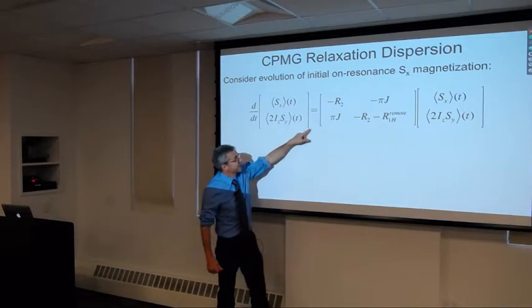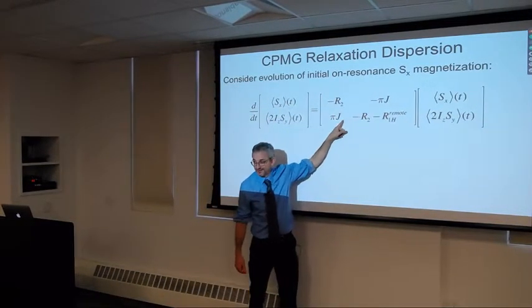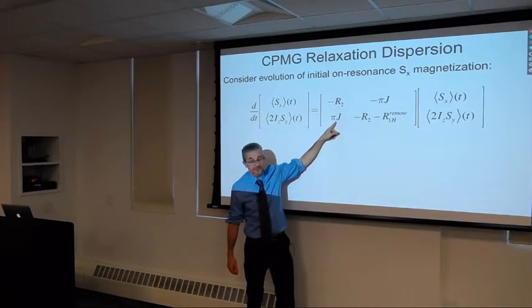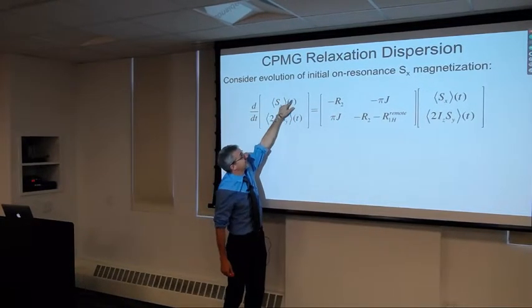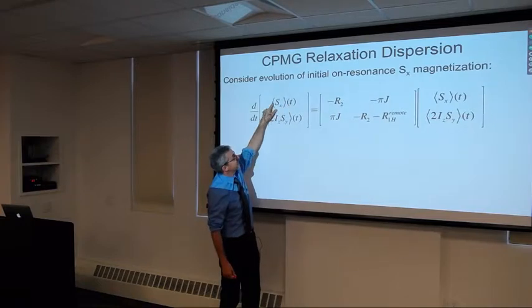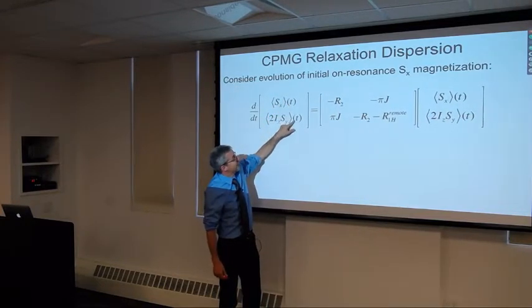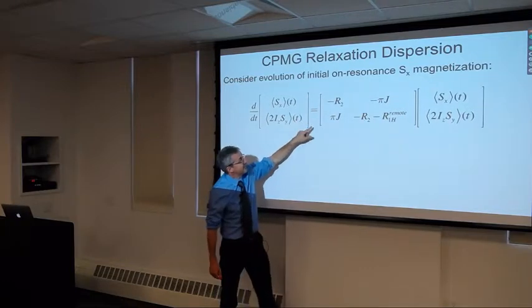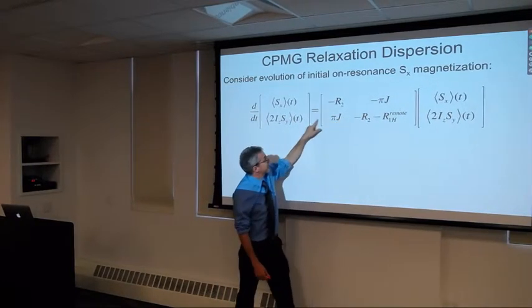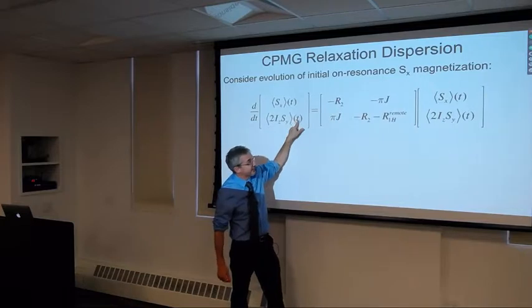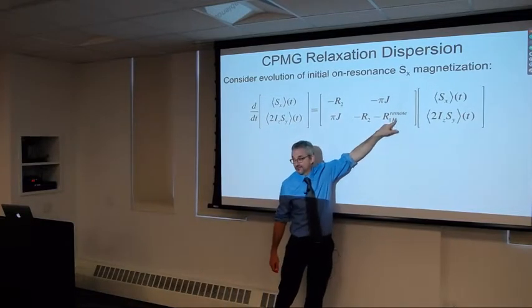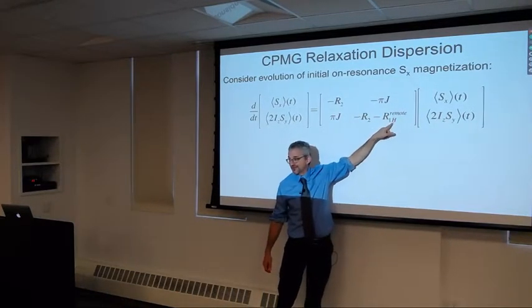And these are interconverted, of course, by the J coupling. So as the J coupling evolves, what we're interested in is relaxation of this in-phase operator. But depending on the length of T, we're going to generate some antiphase operator, and that will mix in some of this remote relaxation.